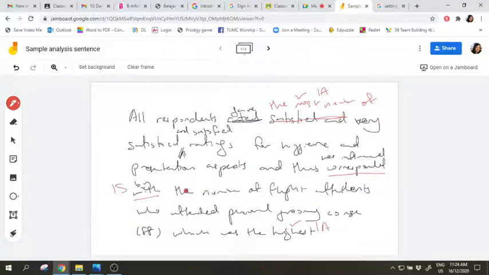Okay, and this was because, or and this was influenced by the number of flight attendants who attended the personal grooming course, 88, which was the highest. Okay, sounds a bit funny. Let me just rewrite this. Okay, and this was because the number of attendants at the grooming course was the highest.